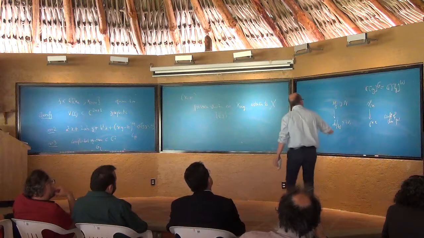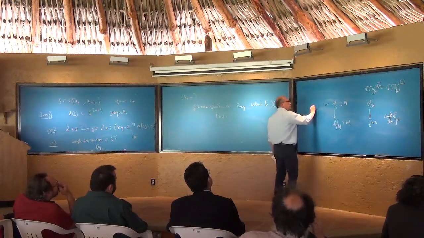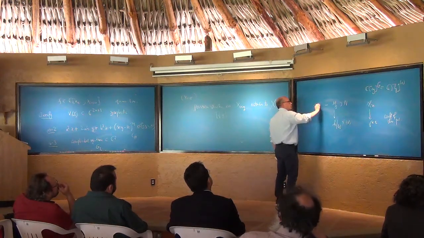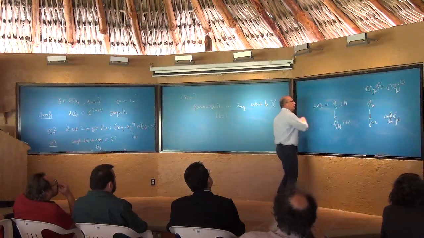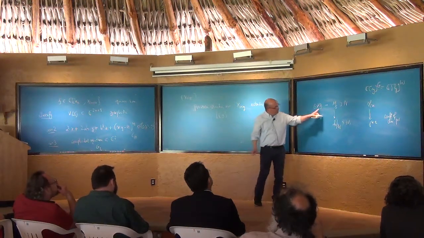It turns out, if you look at G cross small b, there's a natural map from this.